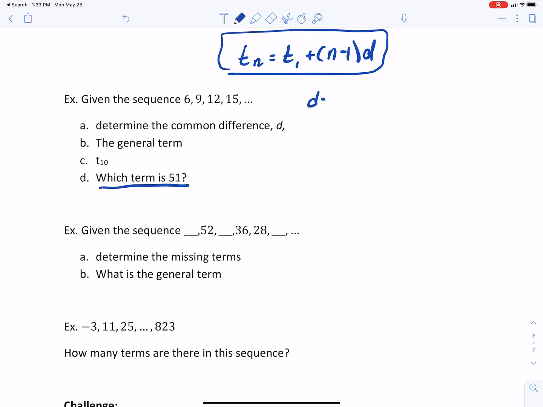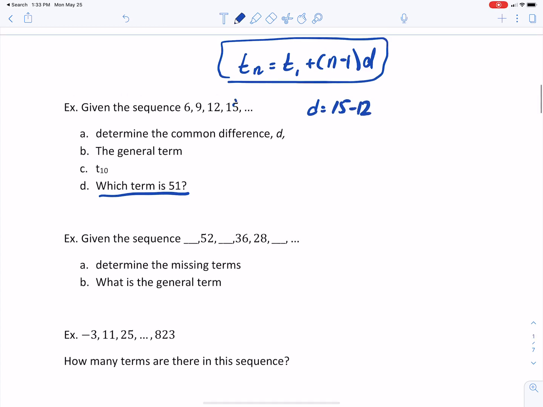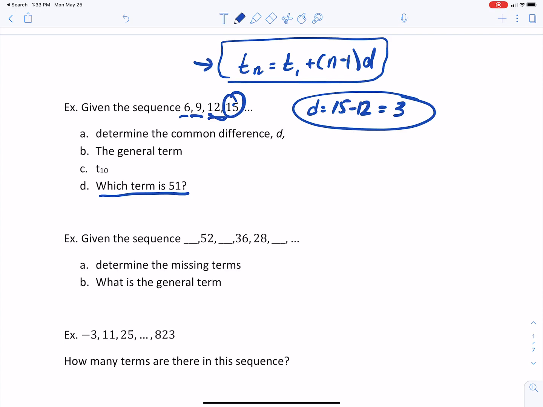So the common difference: take any two terms and subtract them. This one, term 4, minus the one in front of it, which is 3. So 15 minus 12 is 3, just like 12 minus 9 is 3, just like 9 minus 6 is 3. So I know that part is 3. The general term means put that into this equation.